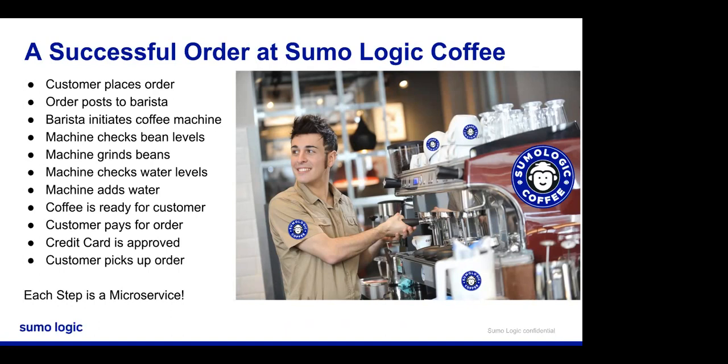Now, there is one small flaw in this process. We made a cup of coffee for a customer, but they haven't paid yet, right? If you go into some coffee shop now, they typically ask you to pay first to make sure the transaction is approved before they waste the resources and make the cup of coffee.